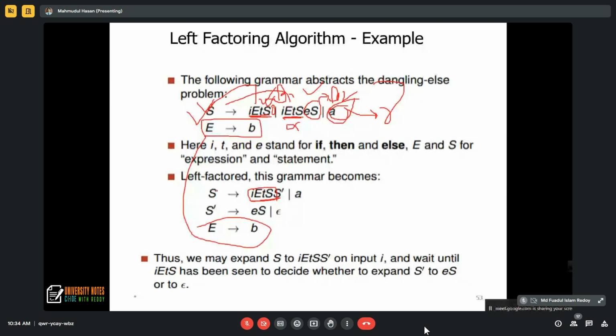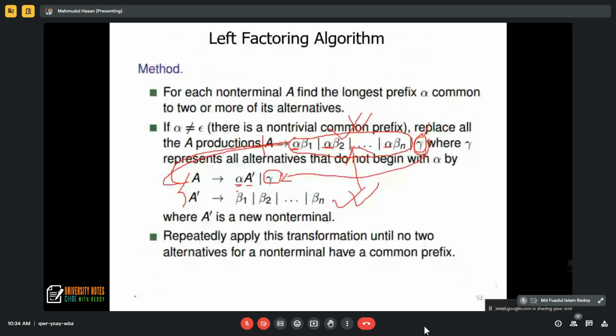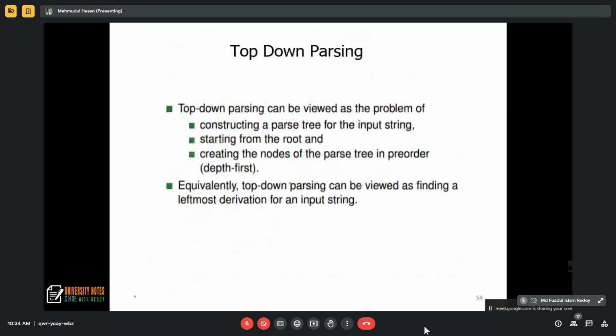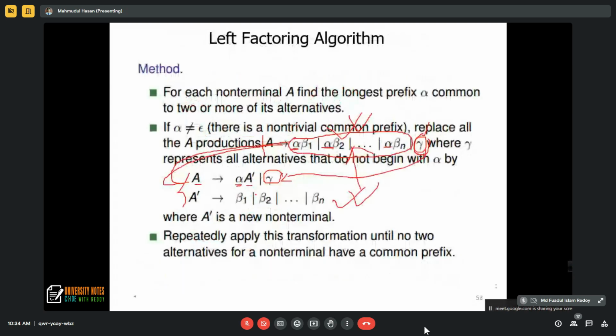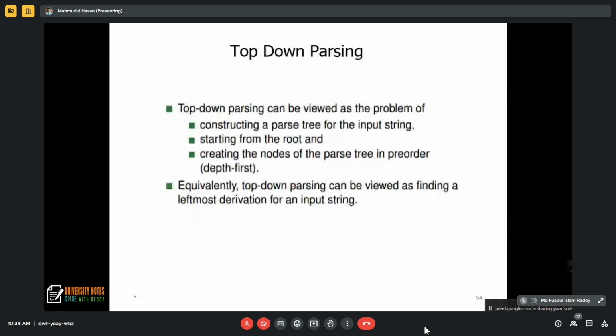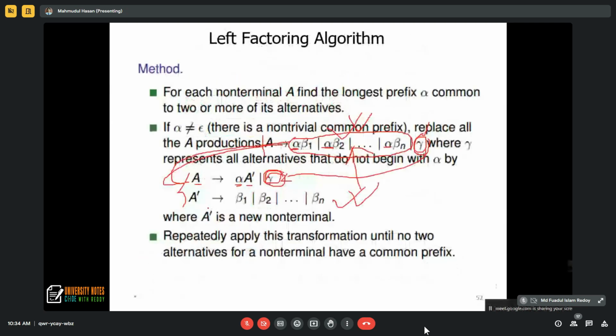And A dash means, here A means S, so this is the A, that means S dash. Then this gamma, and gamma is A. Okay, everyone? Then A dash to beta 1, beta 2, dot dot beta n.